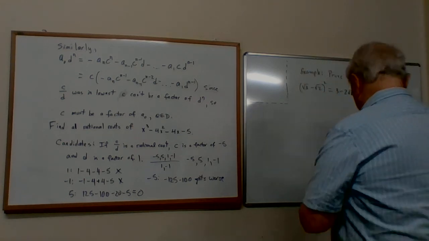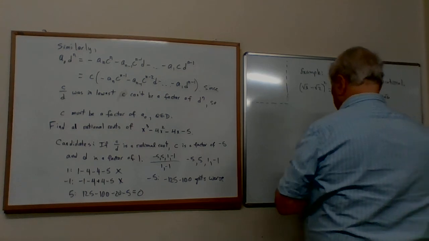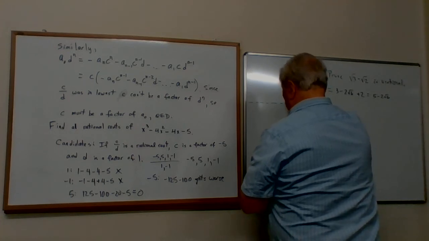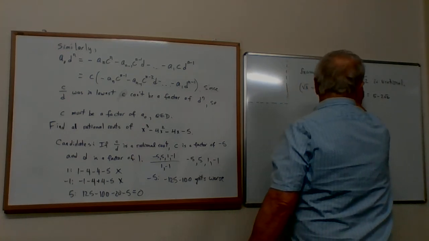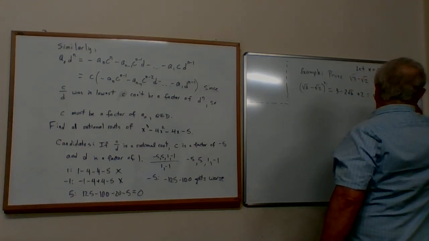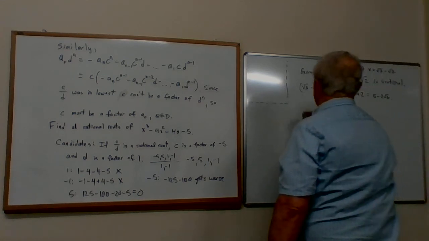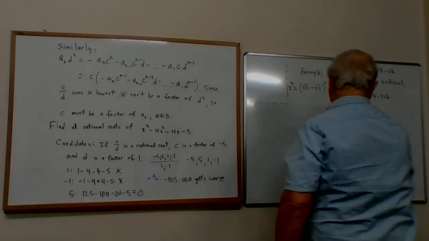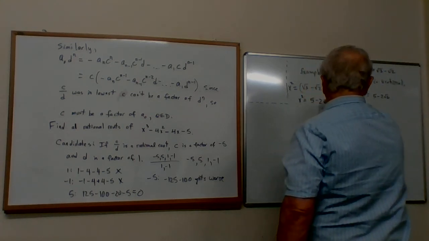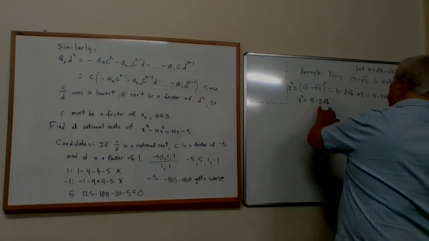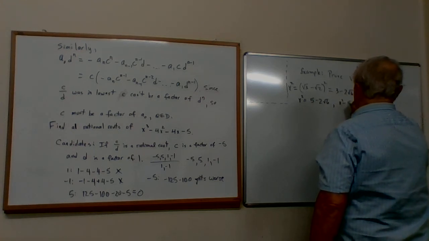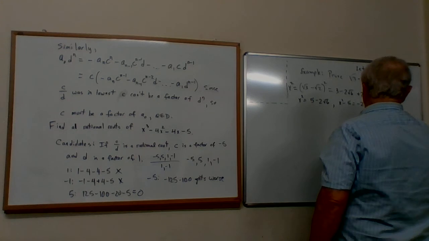Now, let's call this number x. So x is equal to that. So x squared is equal to this mess. So x squared equals 5 minus 2 root 6. So if I isolate the irrational part, x squared minus 5 equals -2 root 6.